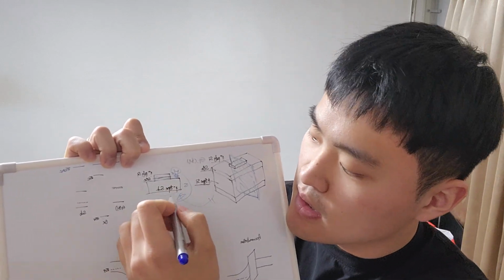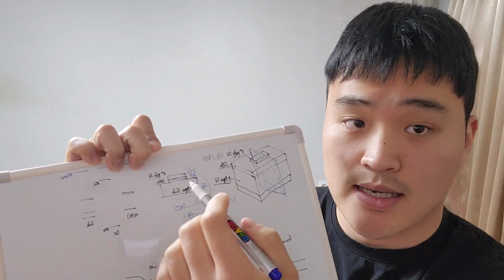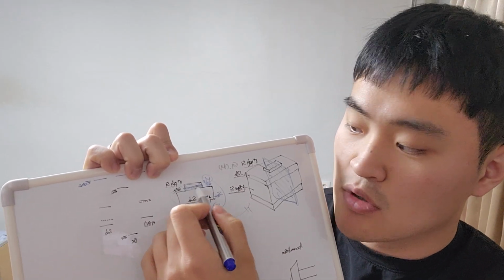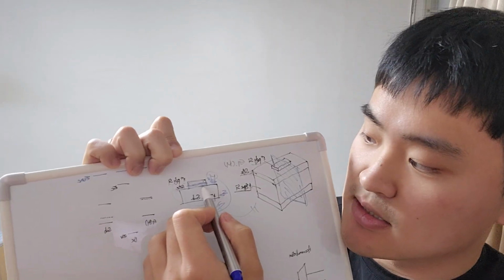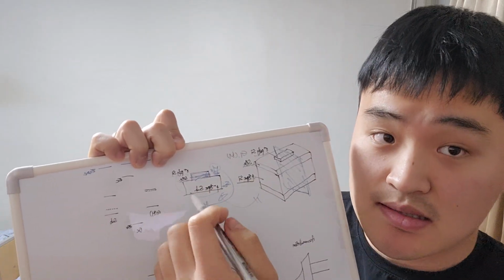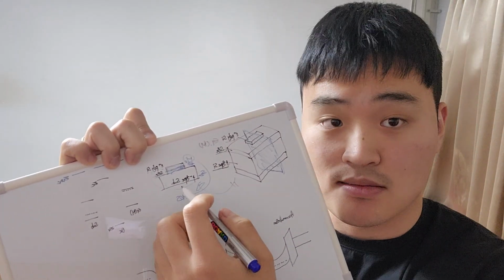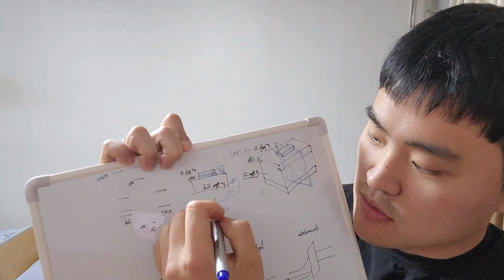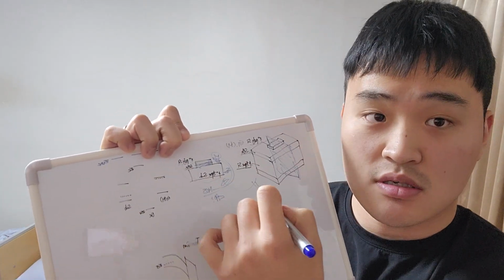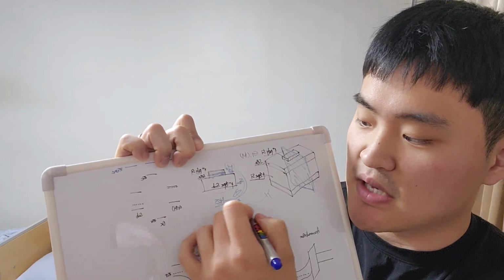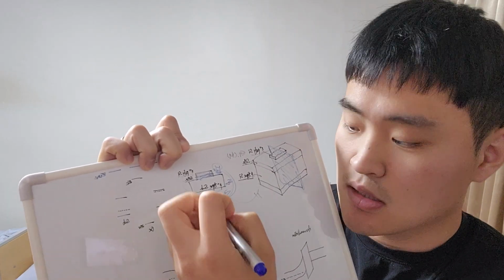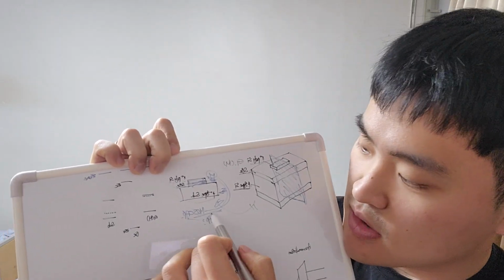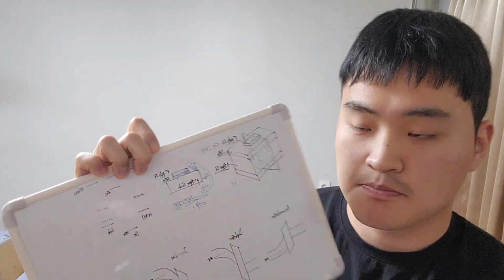The metal and the substrate look like parallel plates, and the silicon oxide is located between those two plates, so it looks like a capacitor. It also behaves like a capacitor, so we call this device, which behaves like a capacitor, the MOS capacitor. For today's video, we're going to talk about this device.